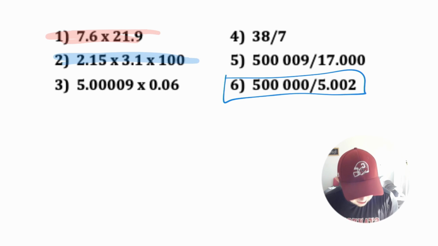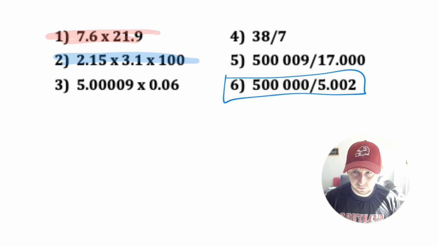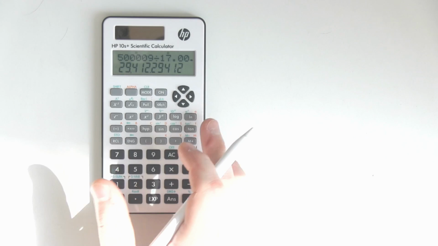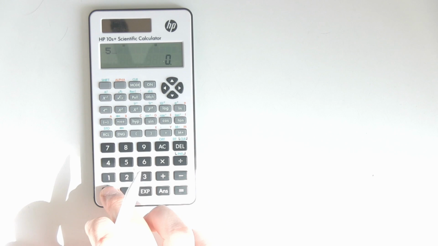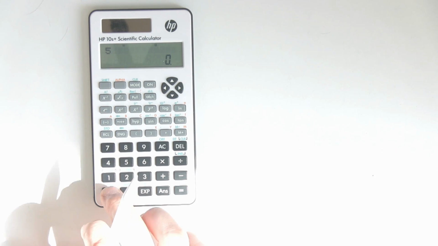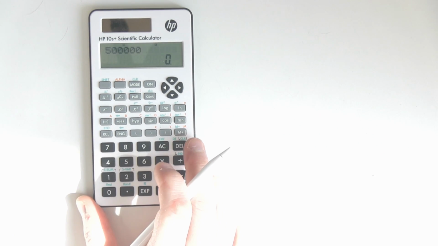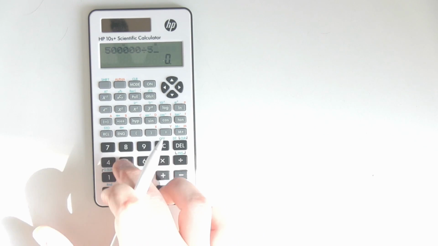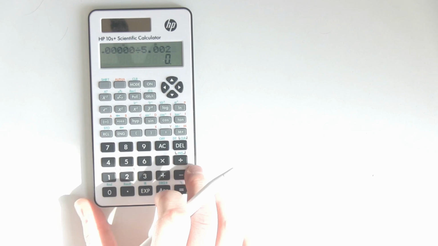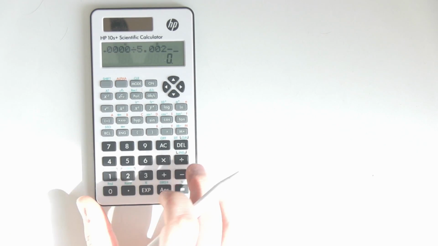Here we go. Ready, go. All right, so we'll come back over to the calculator here. We'll punch this in. So we have 5 followed by 5 zeros, 1, 2, 3, 4, 5. So that's 500,000 divided by 5.002. Punch that into the calculator.